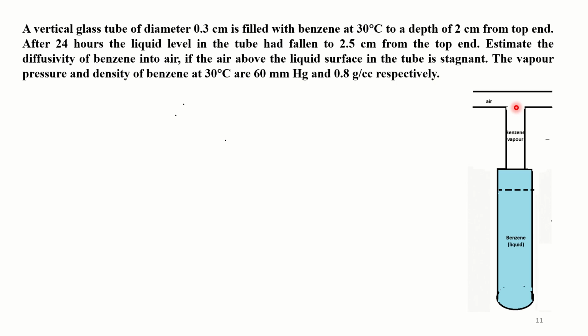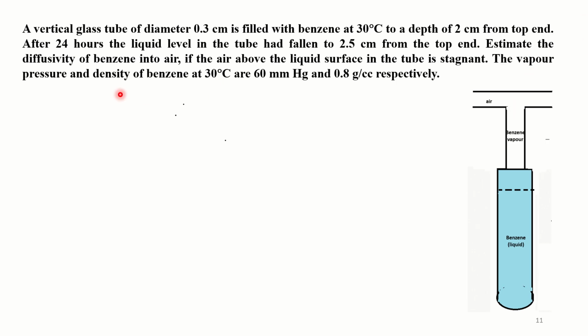So we can assume this as unicomponent diffusion. Here the diffusion path distance varies as the diffusion continues, so it is not actually steady state diffusion, but it behaves like a steady state diffusion. So it can be taken as a pseudo steady state diffusion problem.